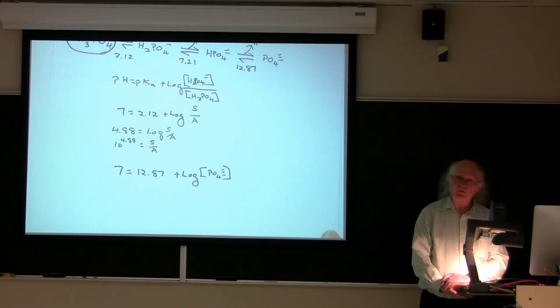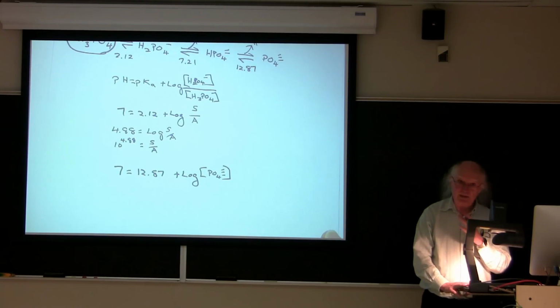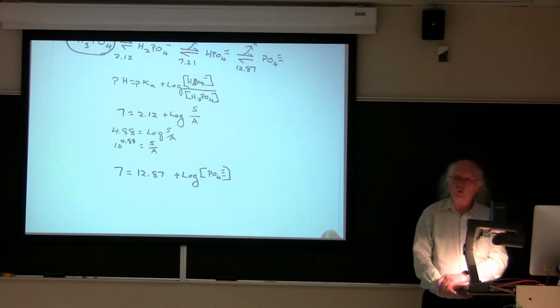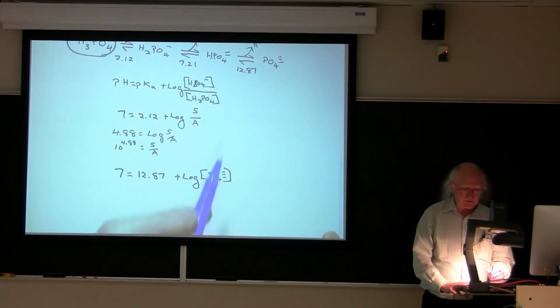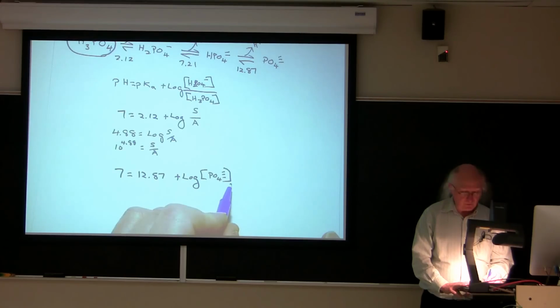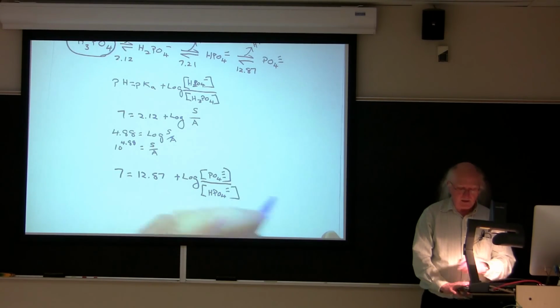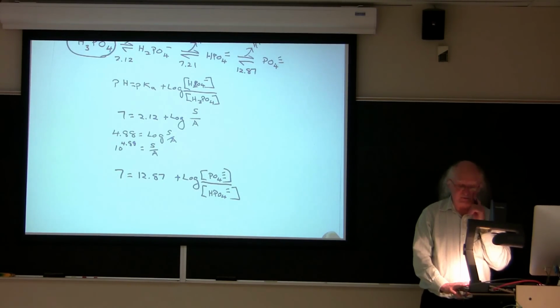Remember that the salt form is always the form that has the fewest number of protons between a given two species. Now, we'll see that some things can be a salt or an acid depending upon which ionization we're talking about. In this case, HPO4 minus minus is the acid because it has one more proton than the phosphate PO4 minus minus minus does.